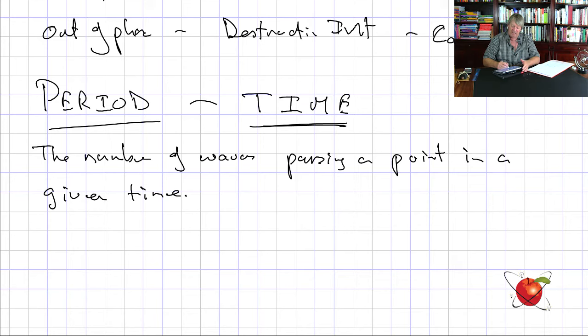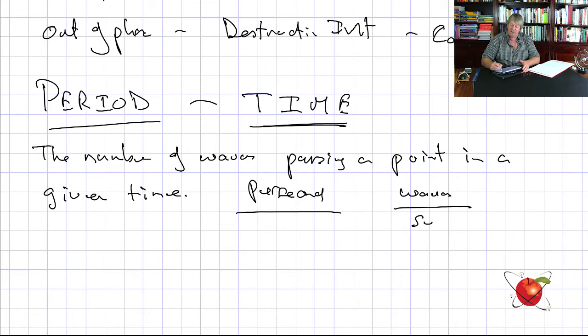We actually look at it as per second, right? So it's going to be waves over seconds, right? Number of waves per second. That's what we do. So if you're standing at the end of a pier watching the waves go past, you can work out the period. How do you count number of waves? You count the troughs passing you, or the crests. The crests are easy because it's normally the white water on top, right?